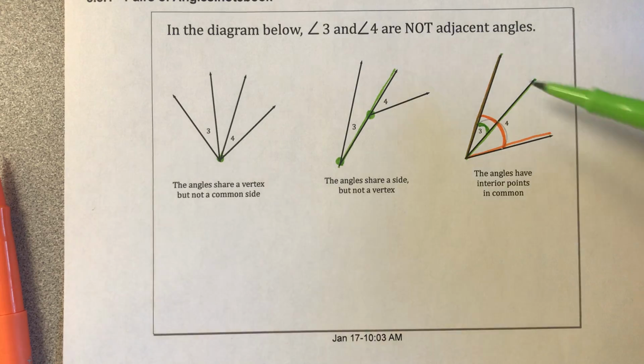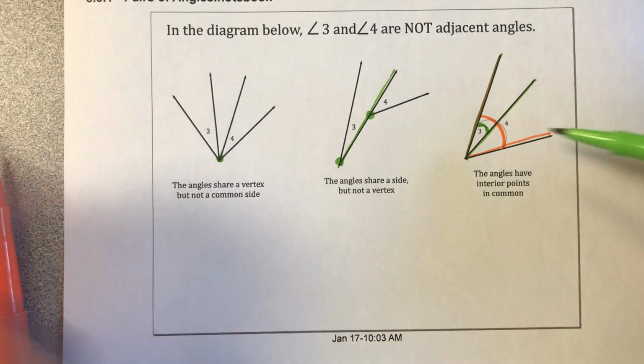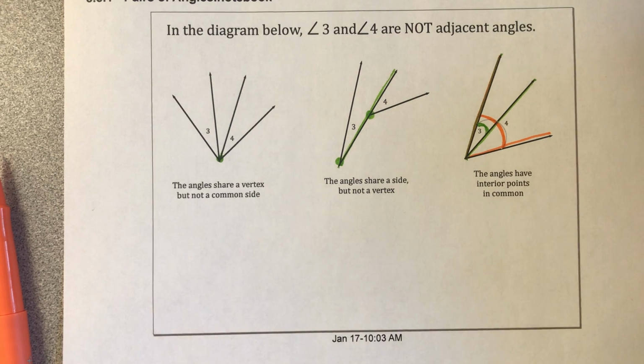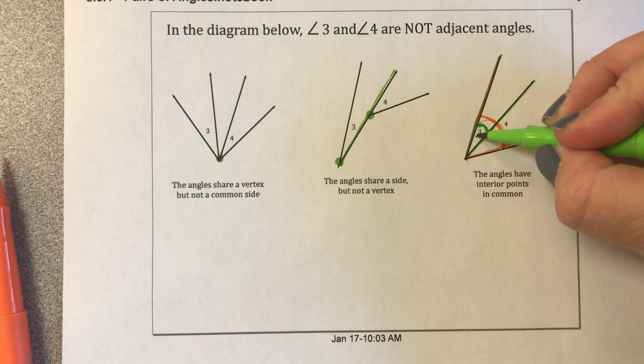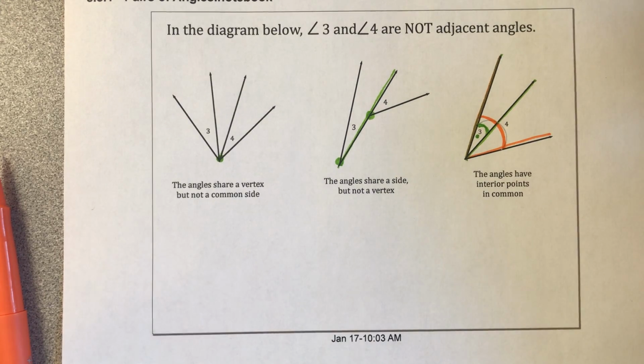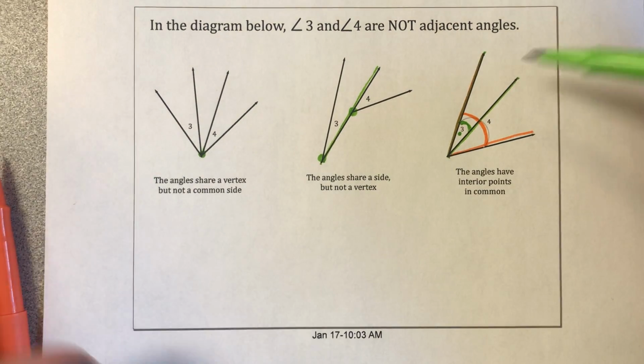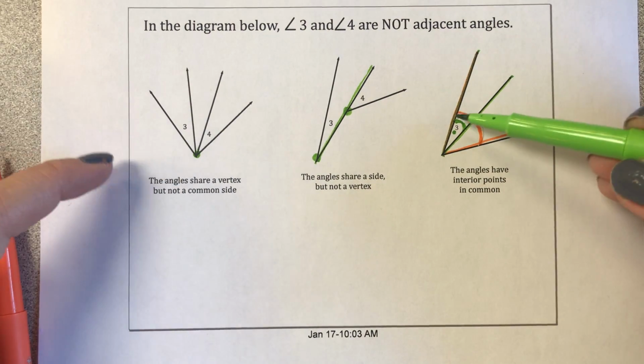Okay, so even though they have this common side and a common vertex, they have interior points in common. That means if I put a point right here, that's inside angle 3 and inside angle 4, so that's not allowed. So adjacent angles, one angle can't be essentially inside the other one, right? Angle 3 is inside of angle 4.